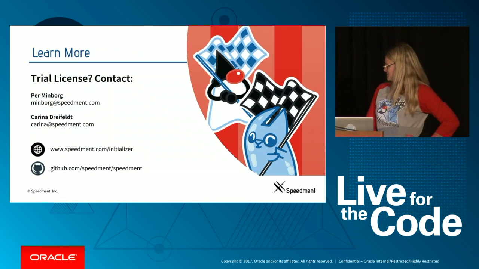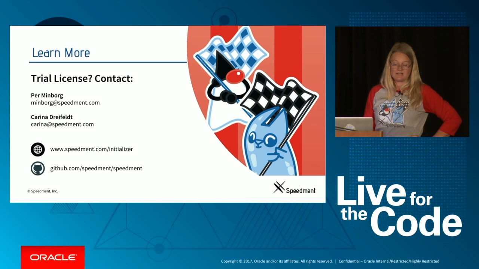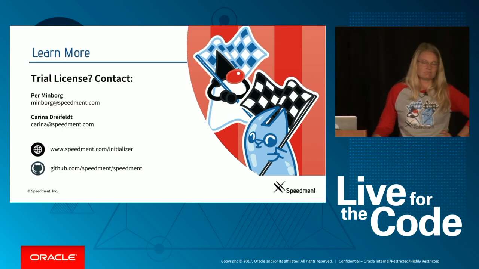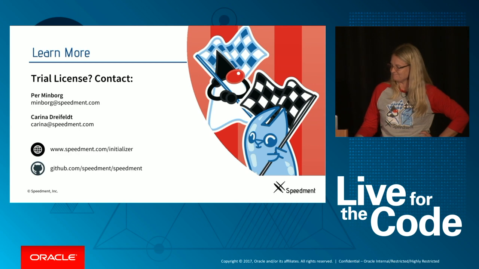So that's what we wanted to tell you today. If you want to try a license, you can just contact us, or if you want to try it out on GitHub, you can just go there and do that.